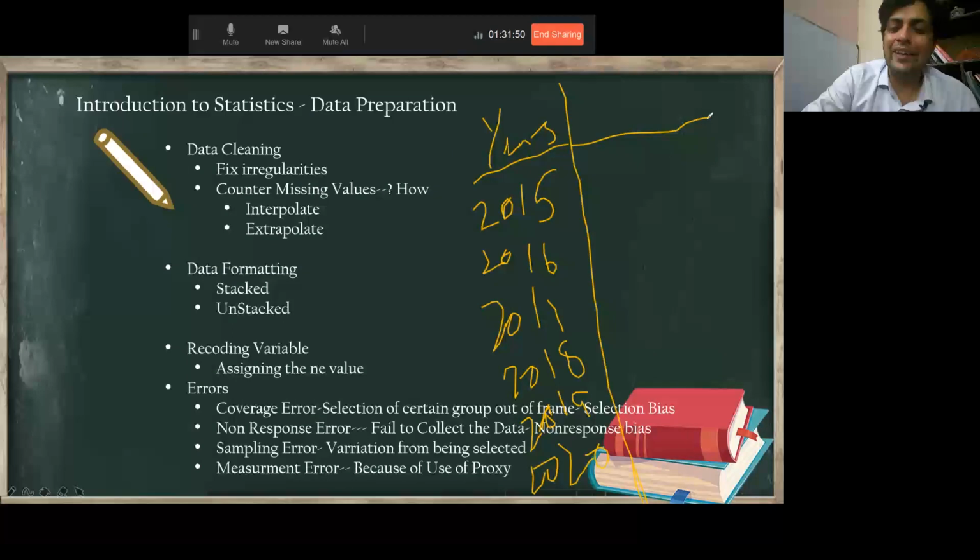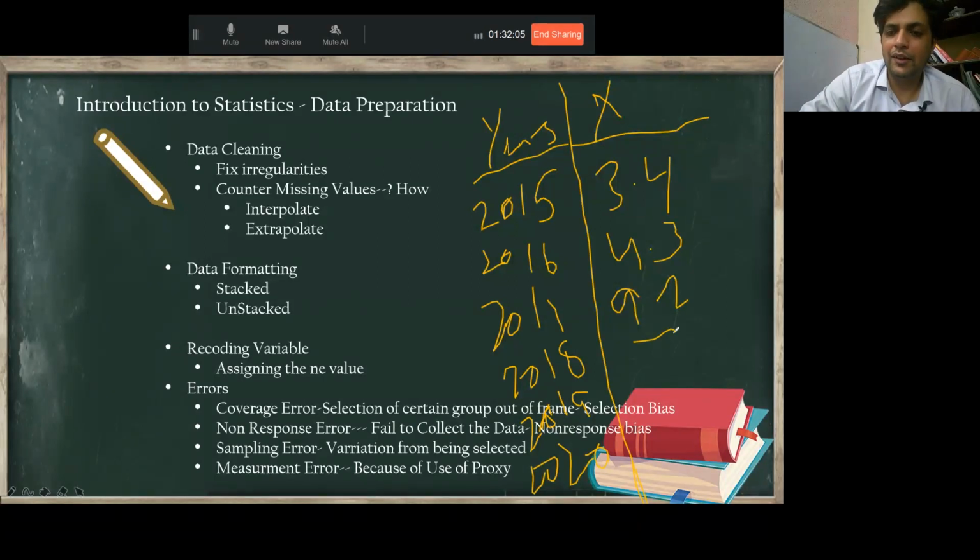So now I have years. Let's say I have collected the data for an X variable, for an X factor, and I have data like 3.4, 4.3, 9.2, missing, 10.2, and 10.7. So this data is missing. Now that's a problem, right?